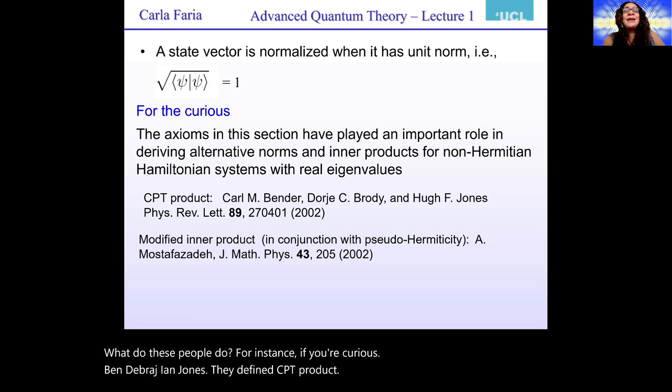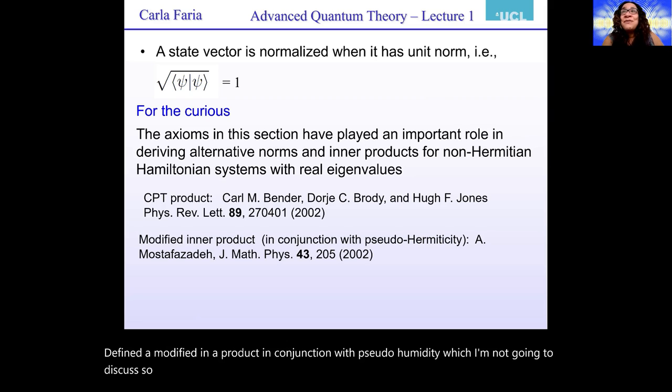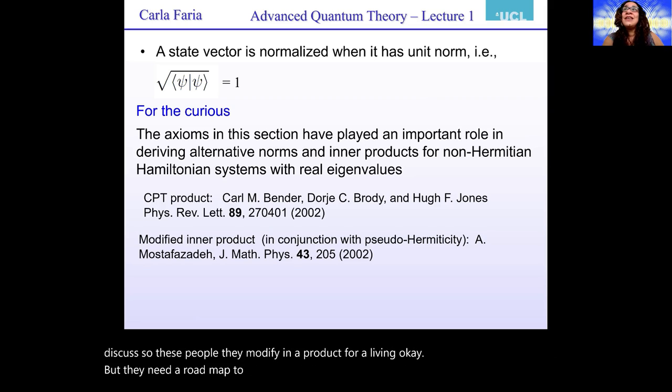And before that, Ali Mostafazadeh defined a modified inner product in conjunction with pseudo-Hermiticity, which I'm not going to discuss. So these people modify inner products for a living, okay? But they need a roadmap to assure that what they're doing is consistent. So that's why you need the axioms.